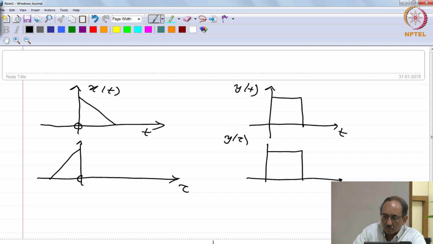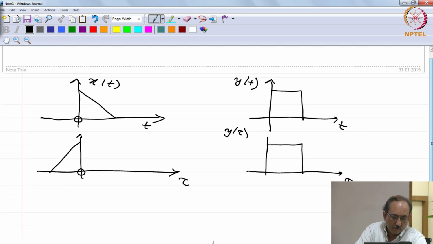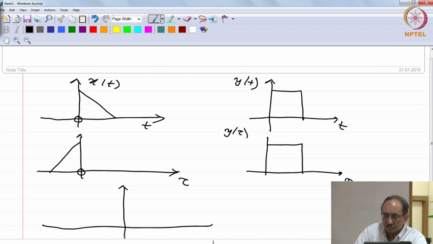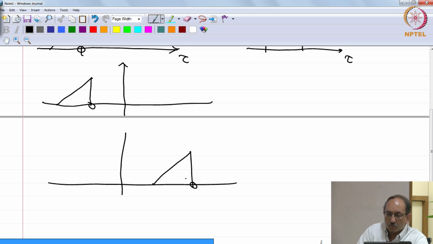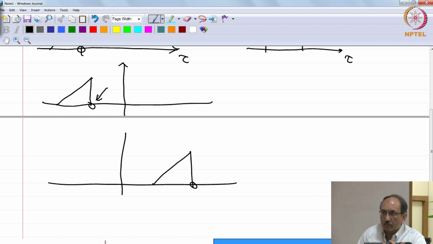So, after flipping, because you have not shifted, the origin stays as it is. Then when you shift, you can either shift it to the left or shift this to the right, and for each of these cases you need to pay attention to this point.